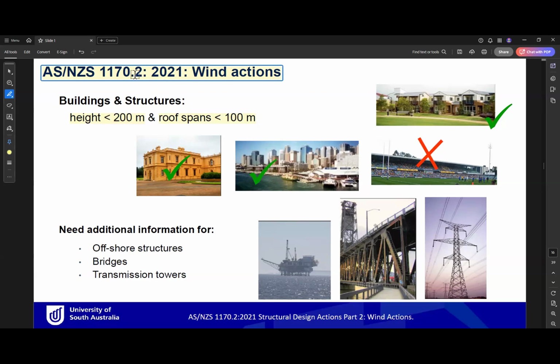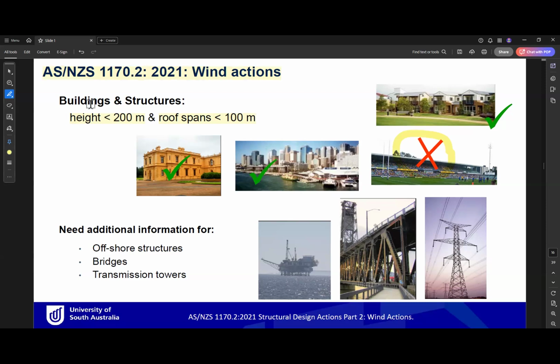So we need to find another, special standard to find the wind on these buildings. This means that this standard can be used for high-rise or medium-rise buildings and for residential housing like that, but it cannot be used for a stadium, for example.